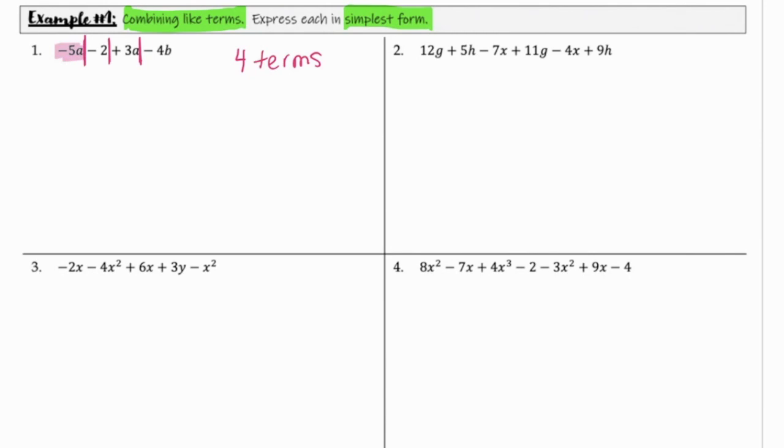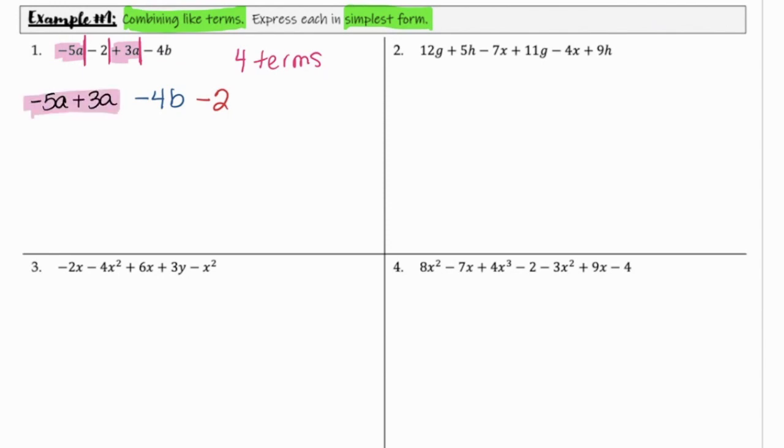So I have an A here and I have an A here, and that's it. So I'm going to put those A's together. So I have a 5a, negative 5a plus 3a, and I'm going to bring negative 4b and minus 2 down. So I'm putting my like terms together.